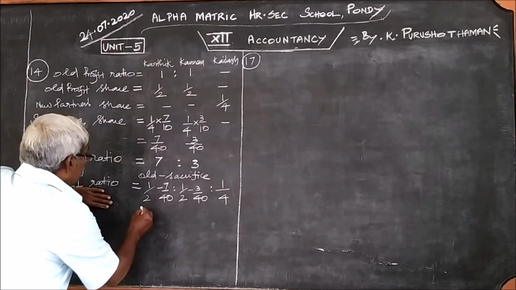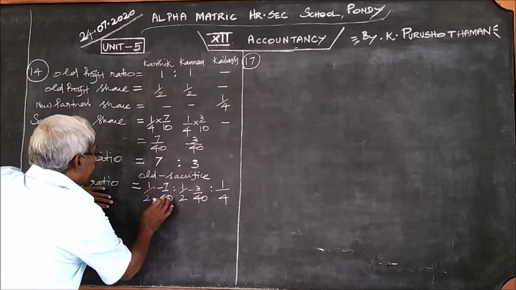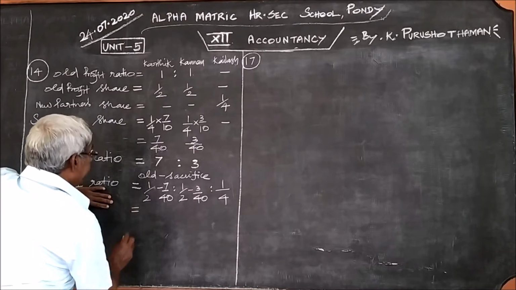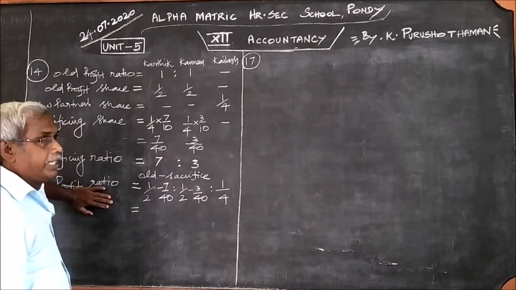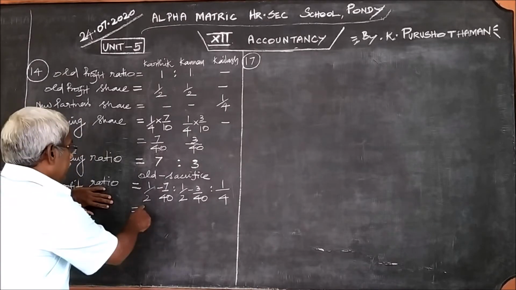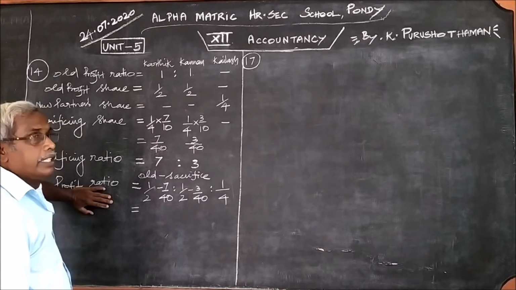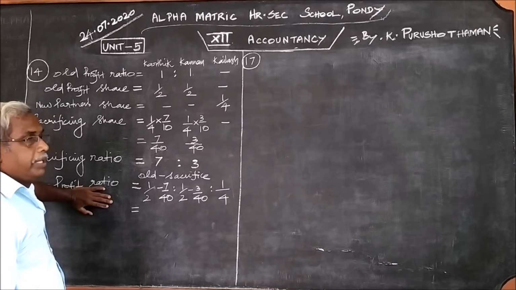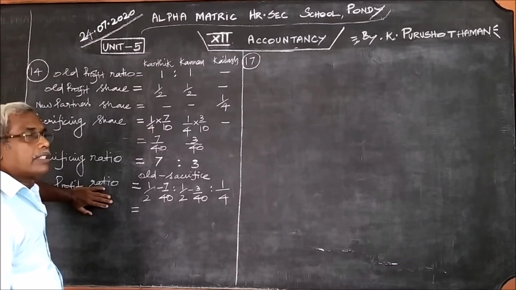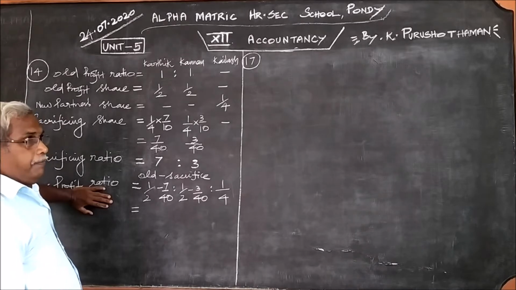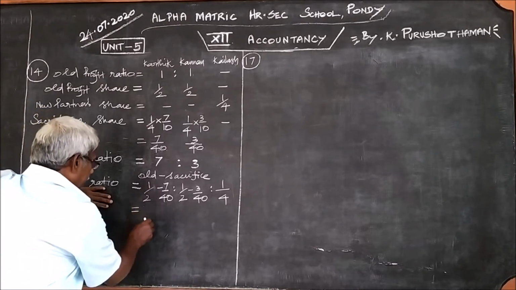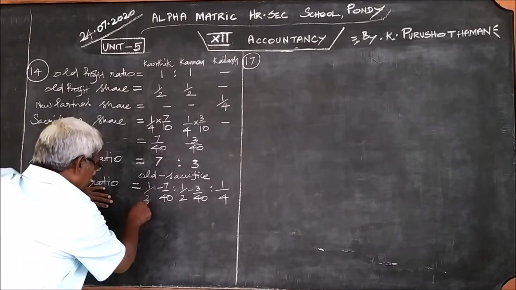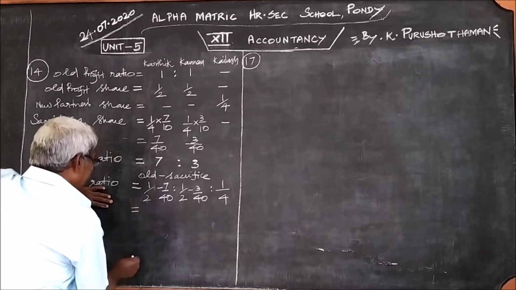Now, this we should minus, so we need to write the equal denominator. Since the denominators are different, I said in yesterday's class itself, with different denominators, we cannot do either addition or subtraction in fractions. So here, this is 1 by 2, denominators are different.